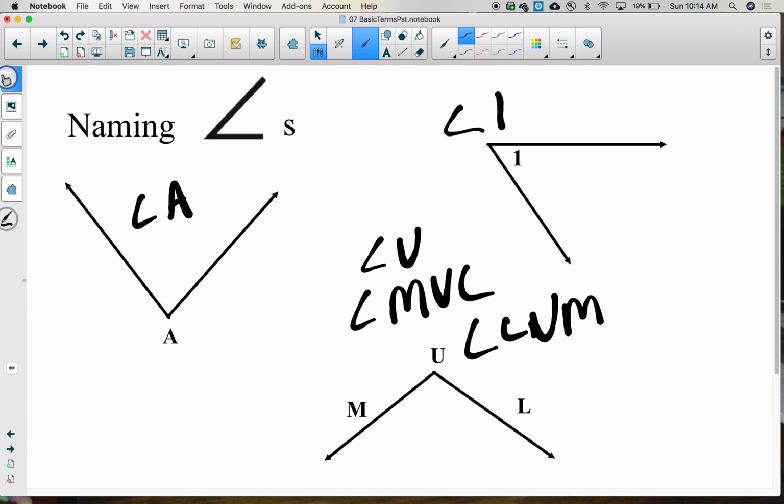Notice that the vertex is showing up in the middle of the labeling. Okay, and that's very important. The U has to be in between the other two points.